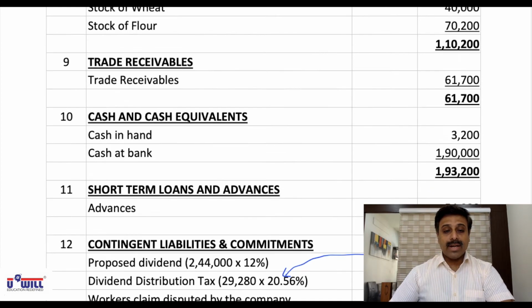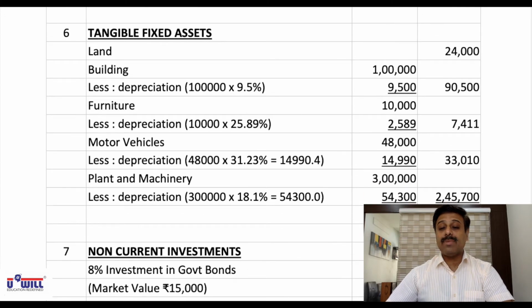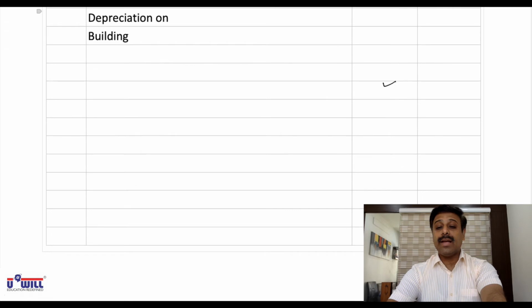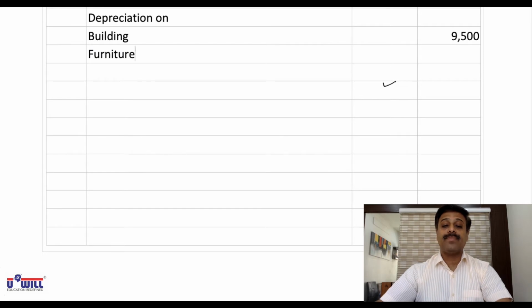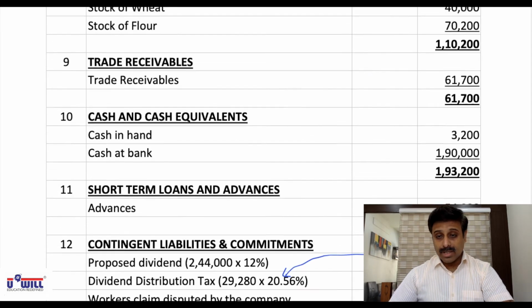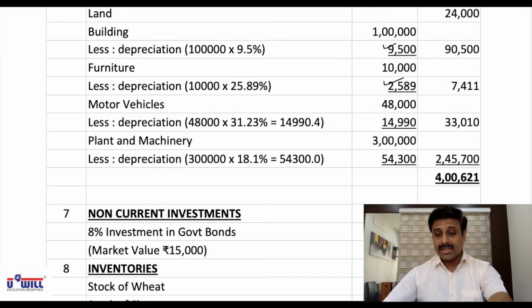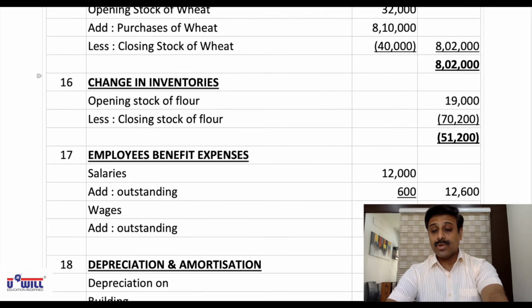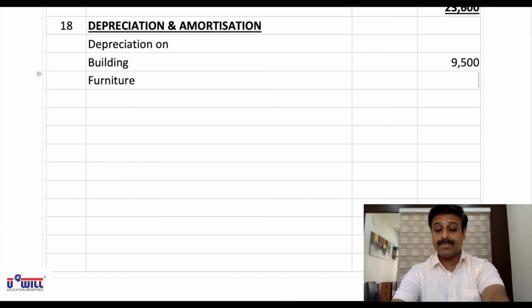All of you directly look at tangible fixed assets. Now, what is the depreciation of building? 9,500. Then we have depreciation on furniture. What is depreciation on furniture? See in the working of tangible fixed assets, 2,589.